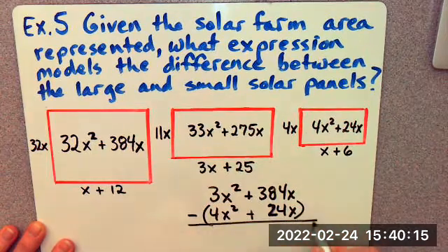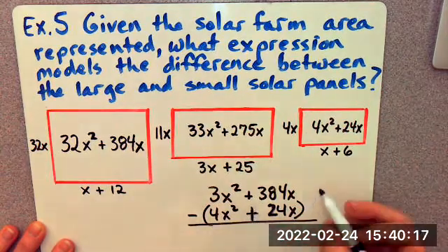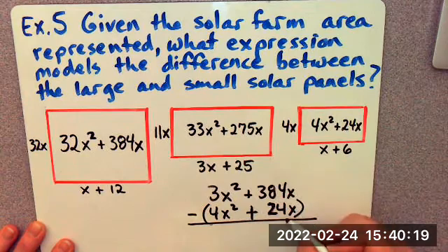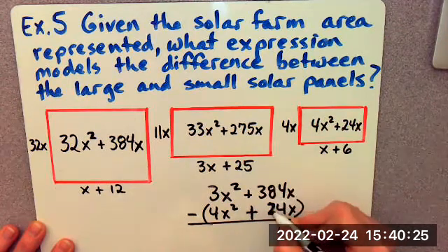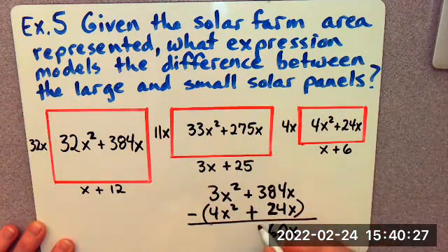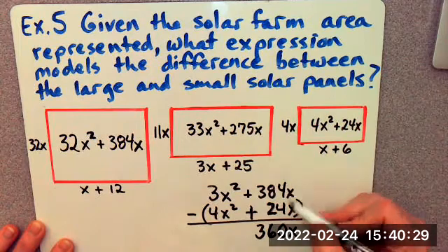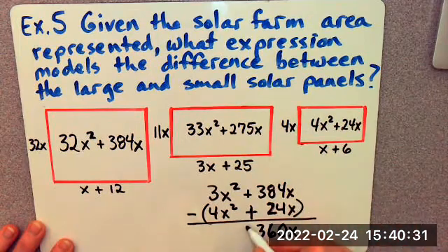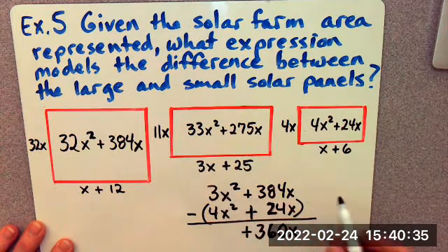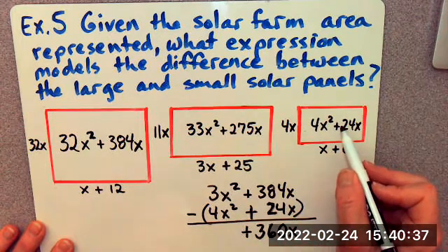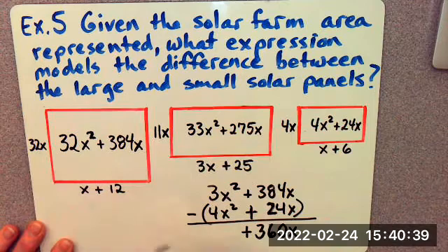Okay, so we have to remember we're subtracting both terms. So 384 minus 24, so we have an x. 4 minus 4 is 0. 8 minus 2 is 6, and we have 3. So 360x plus, and then this one, I had 4x squared, and that, oops, I forgot something.